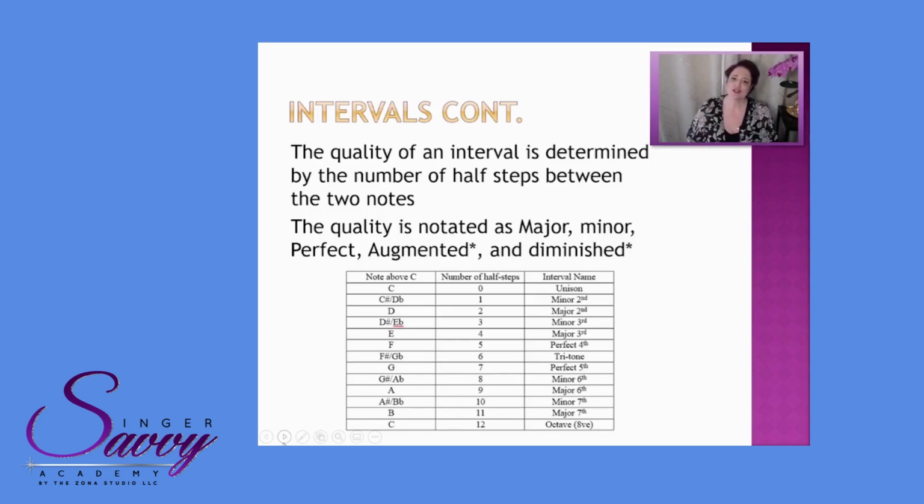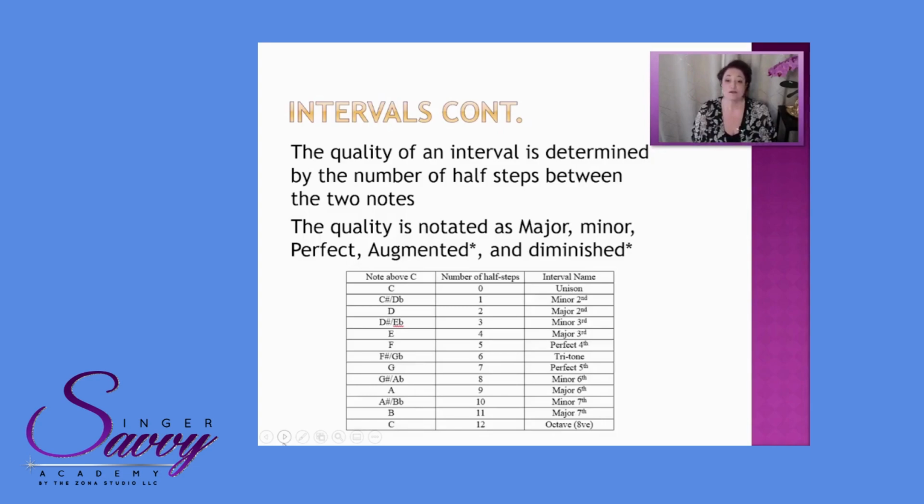And that is called a unison, all right? Now, if you go from C to C sharp or D flat, which is 1 half step away, that is a minor second, okay? Now, if you go from C to D, so you're skipping that first half step, you're going a whole step, that's 2 half steps. That is a major second.